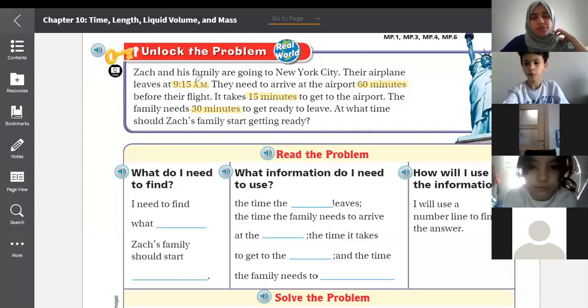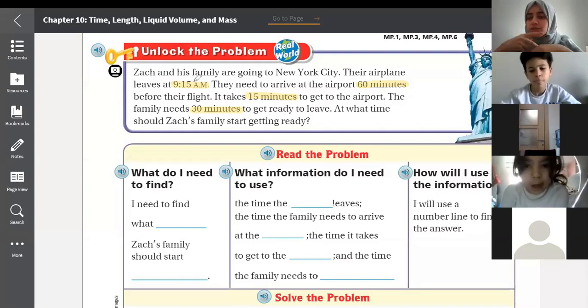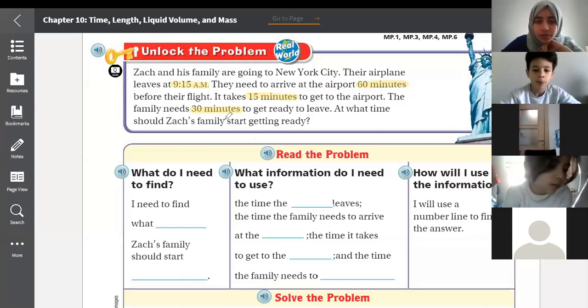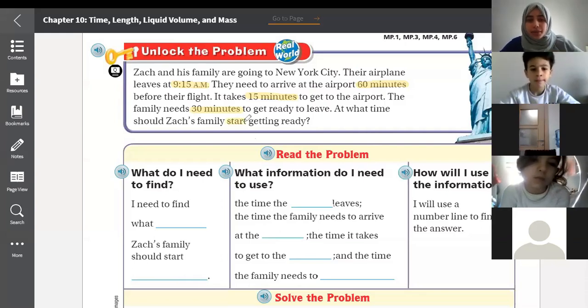So 9:15 is actually the end time because it's when the plane starts moving. And we need to find the start time because here they said start getting ready. So the word start is a key point. We have the end time, the elapsed time that we need to add, and we need to find the start time.